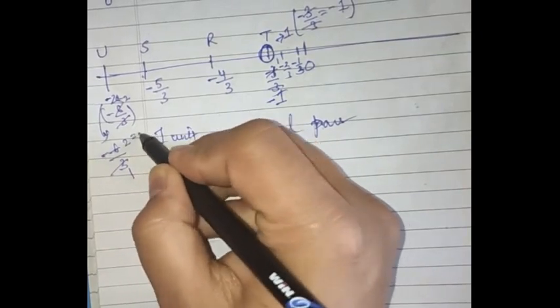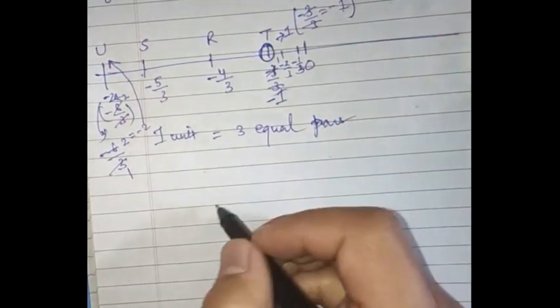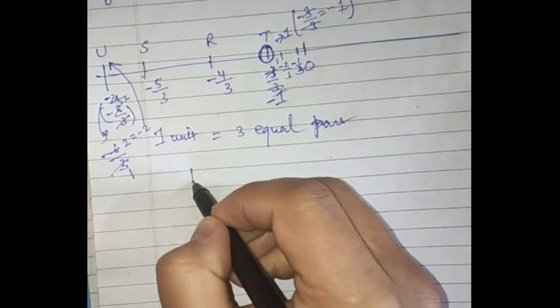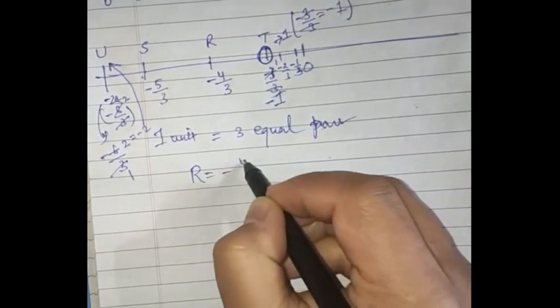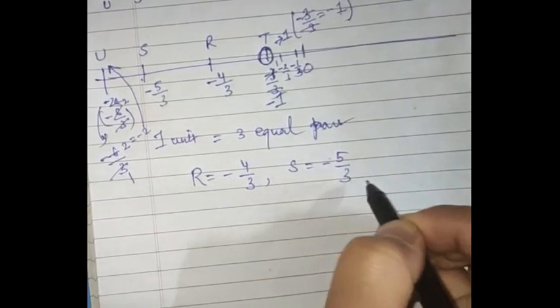So we got from here that R is actually minus 4 by 3, S is equal to minus 5 by 3.